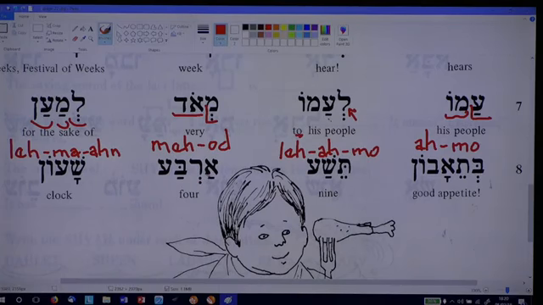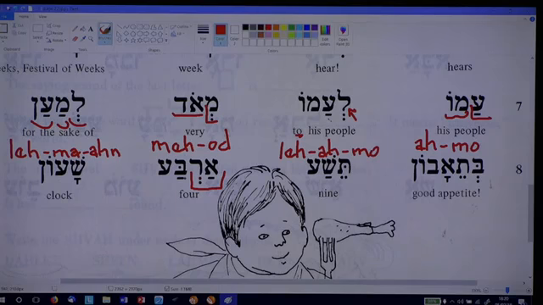Okay, this word, for. The aleph, resh, bet, ayin. This is where the shva is silent. It's not pronounced as a vowel. It's just telling us to pronounce the resh.